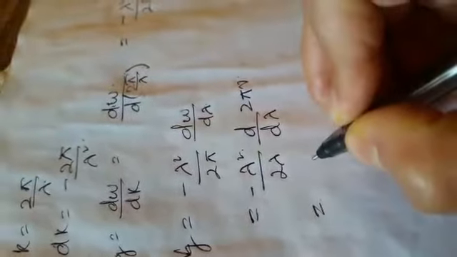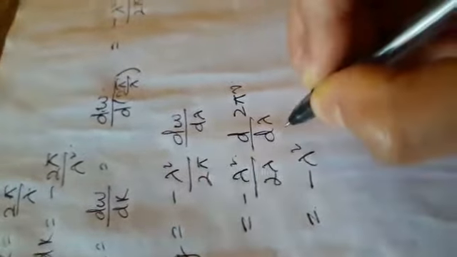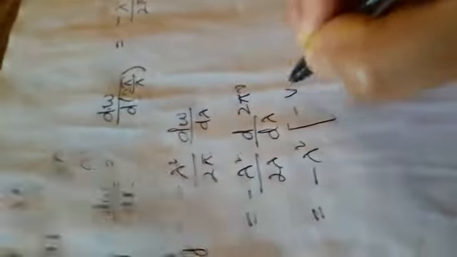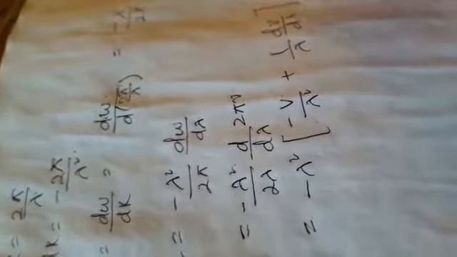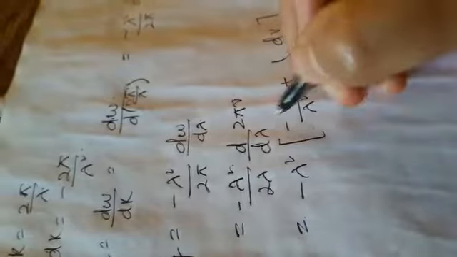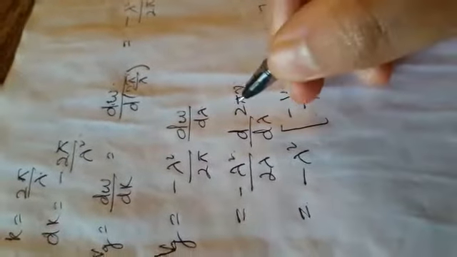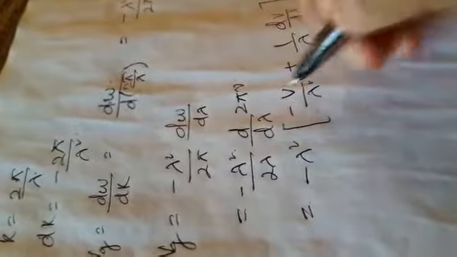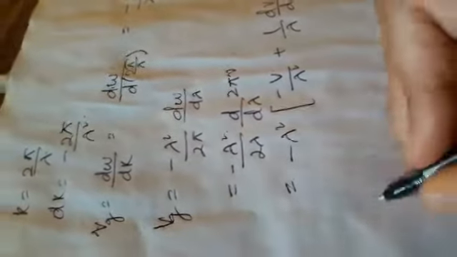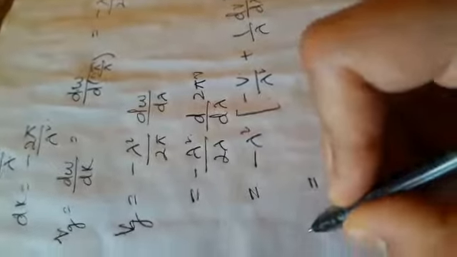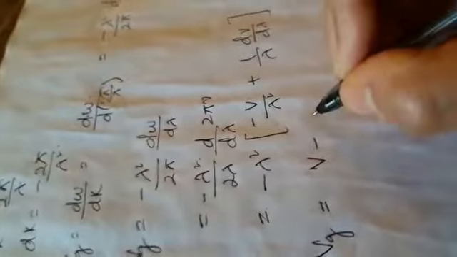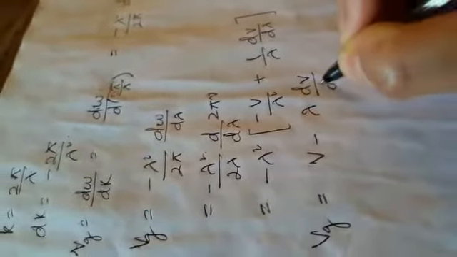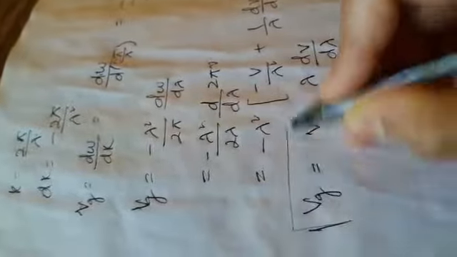So that is minus lambda square, I hope you understand that it goes like this, minus v by lambda square plus 1 by lambda dv by d lambda, where for this nu I have chosen to write it as v by lambda, and then differentiated one term and then another term. This 2 pi cancels with this. So what do we get? We get that this group velocity is wave velocity minus lambda times dv by d lambda. So this is the resulting equation.